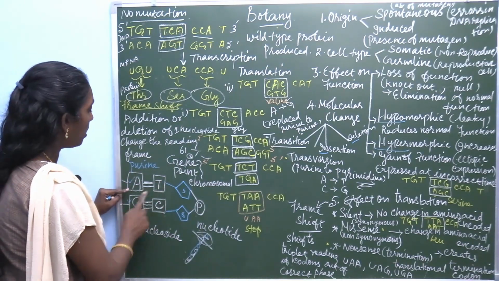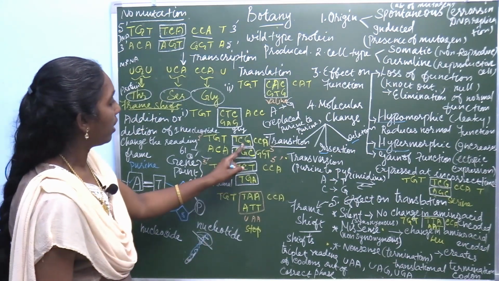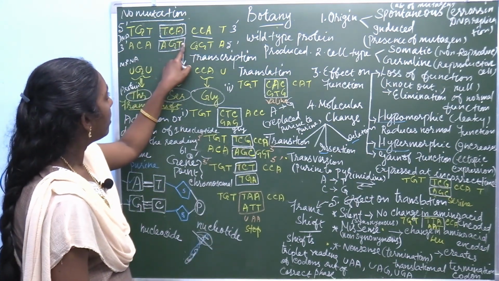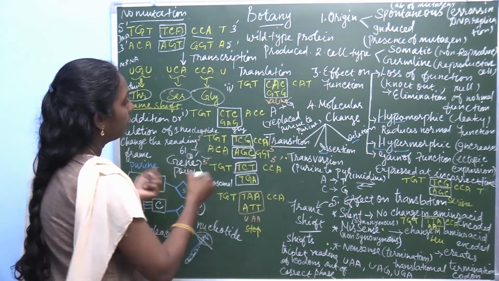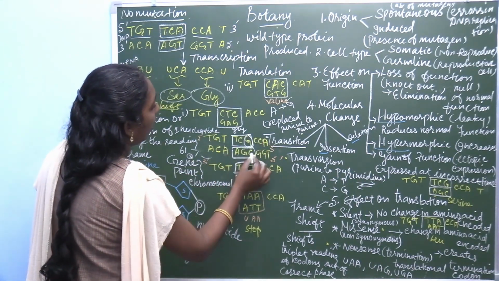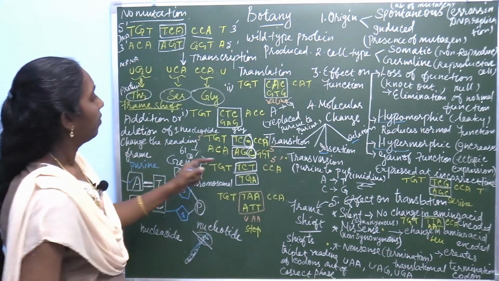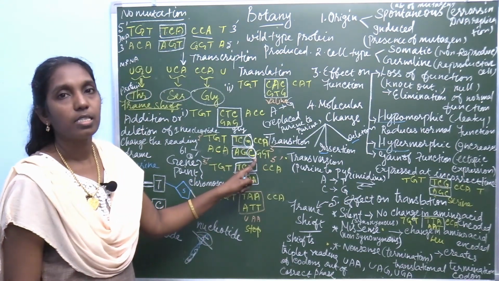Adenine thymine is replaced by guanine cytosine. Here, instead of adenine thymine, AT, it is G and C, guanine and cytosine.